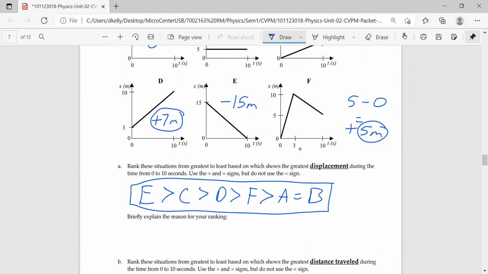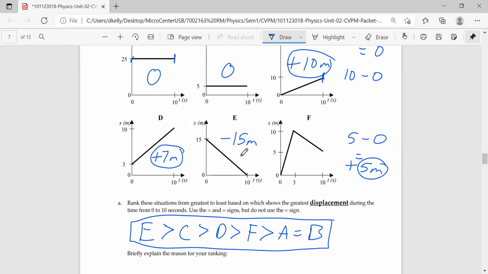And I'll let you explain your reasoning. It's pretty straightforward, right? Well, the values are larger from E all the way down in this order down to B. A equals B.